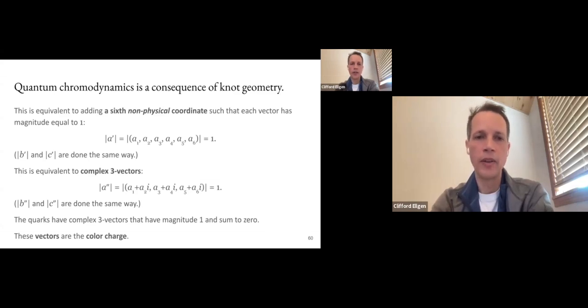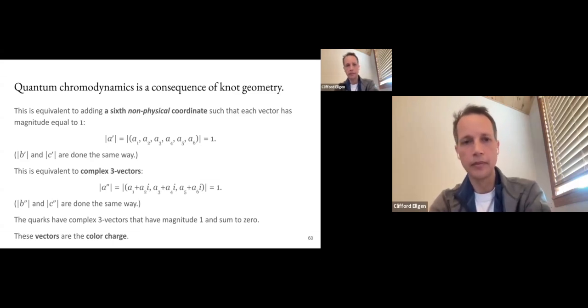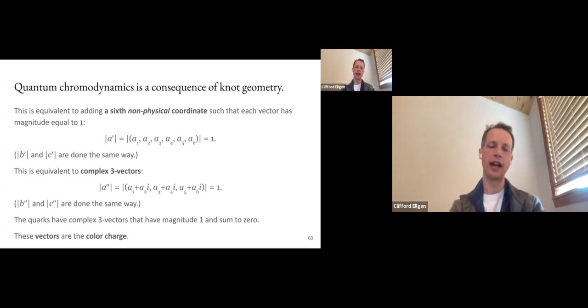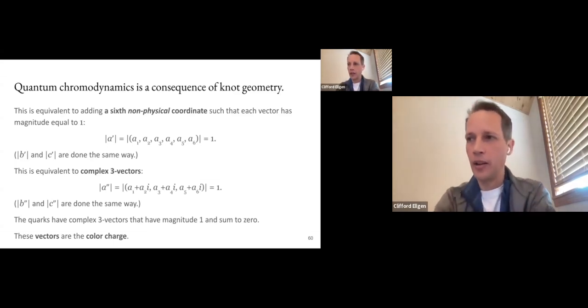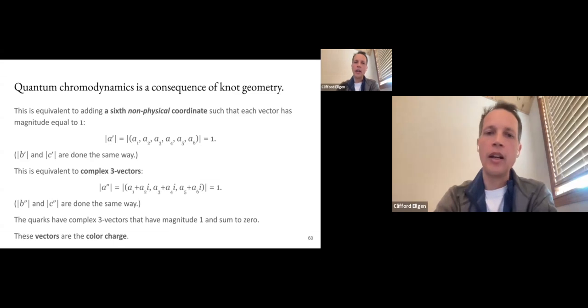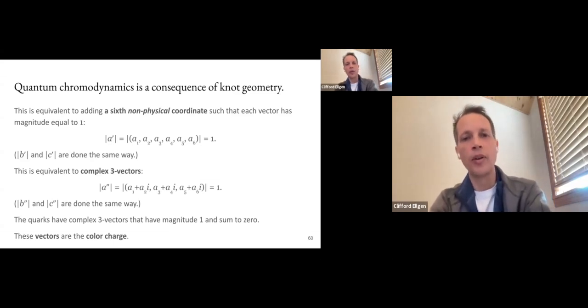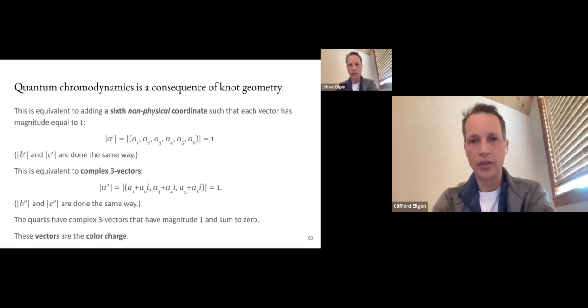So now I've got a vector, instead of A1 to A5, I have A1 to A6, where A6 is the quantity that is necessary to make the magnitude of this vector equal to 1. So I had a 5 vector with magnitude less or equal to 1. That constraint is a little harder to work with than a vector's magnitude is equal to 1. And so I just add in a 6th coordinate that takes my 5 vector to a 6 vector, and that 6 vector has magnitude equal to 1.